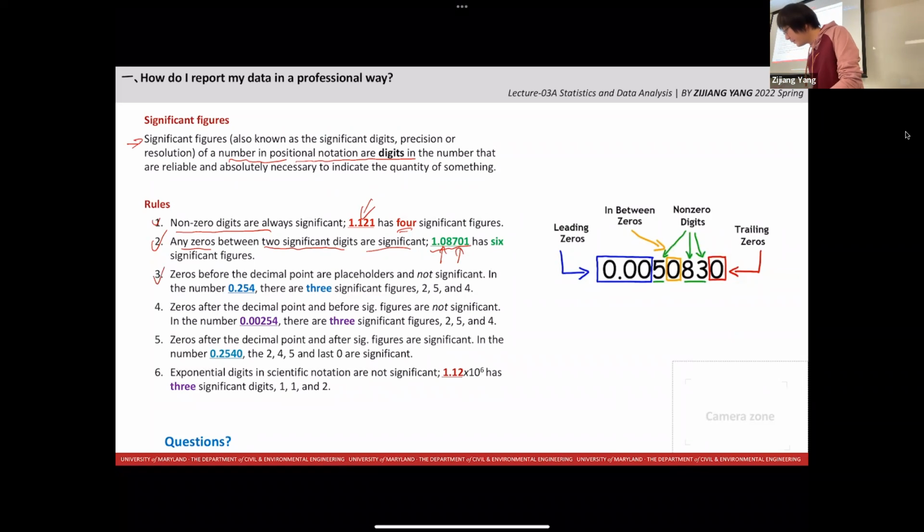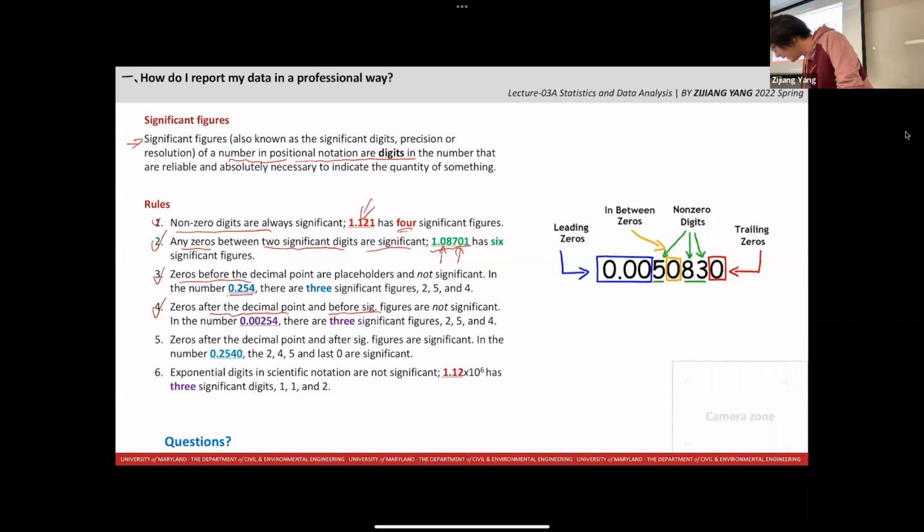For this one, the zeros before the decimal point are not significant. Similarly, zeros after the decimal point and before the non-zero digits are not significant. So for this case, we have a 0 at the very beginning, so it only has 3 significant figures.